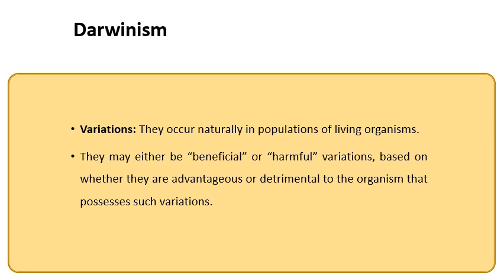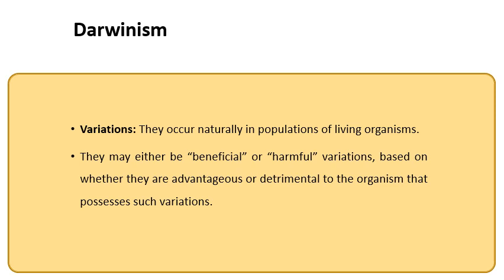For example, there is variation in size, color, height, weight, external feature, and behavior. All these are called variations. In other words, no two individuals are the same on this earth. Even identical twins show some variation.